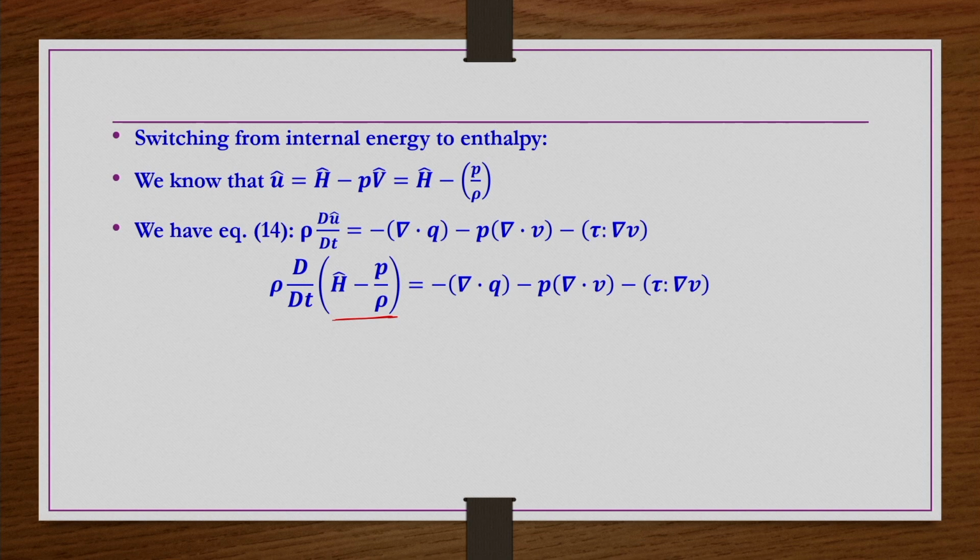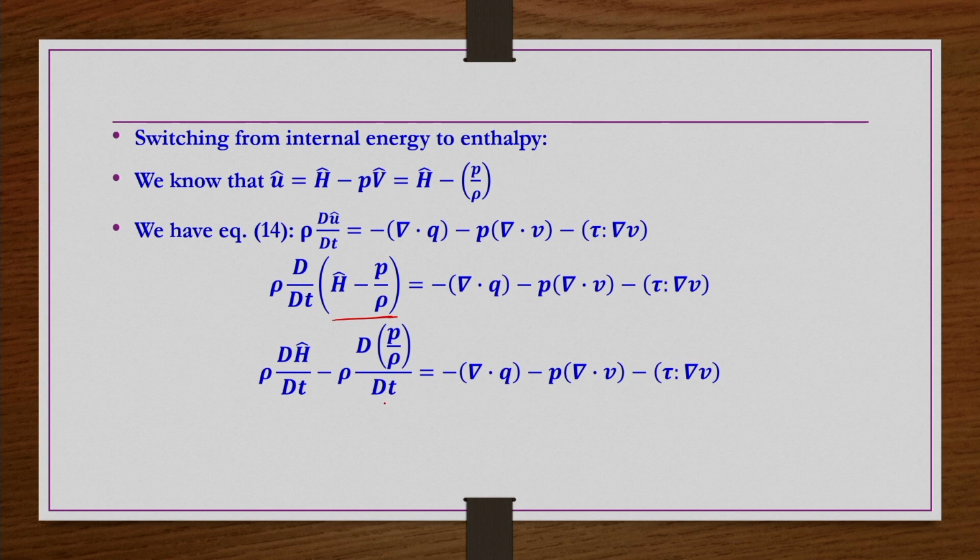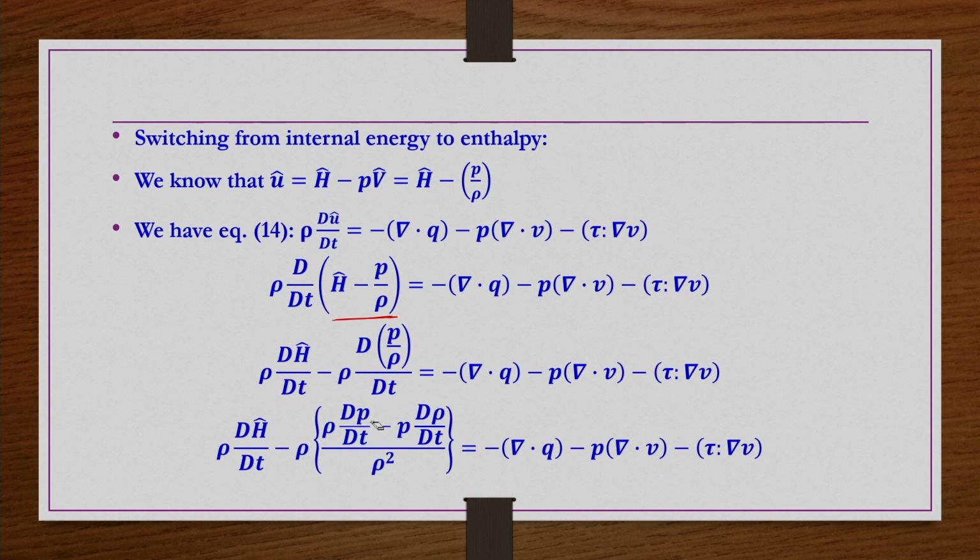When you do this, what you get is ρ DH̃/Dt minus ρ D/Dt of P by ρ. If you further do the substantial time derivative, then you have ρ times (ρ dP/dt minus P dρ/dt) divided by ρ square.